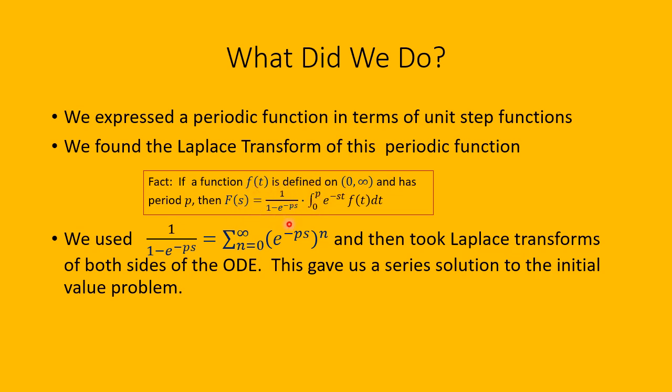Then we needed to do some simplification so that we could find inverse Laplace transforms later. We looked at this factor in front of the integral, 1 over 1 minus e to the minus ps, and we used the fact that this looked something like 1 over 1 minus u, and 1 over 1 minus u would have an infinite series representation as the sum n goes from 0 to infinity of u to the n.